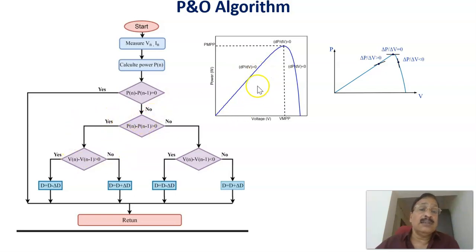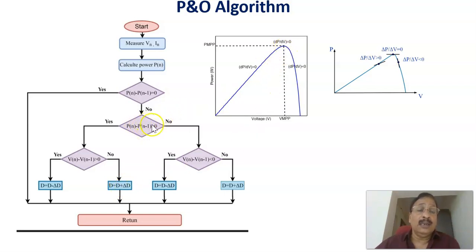Delta P is positive, then we check delta V. If delta V is positive as well, then we reduce the duty ratio and bring the point towards the maximum power point. Now, if delta P is positive and delta V is negative, then we increase the duty ratio.